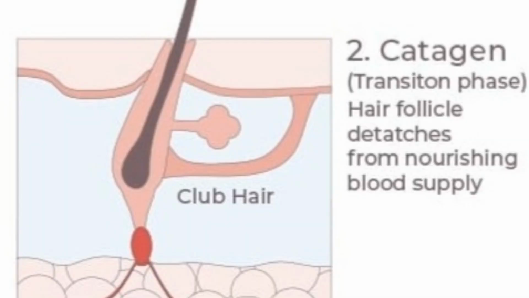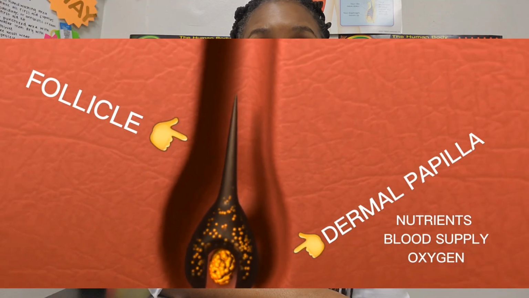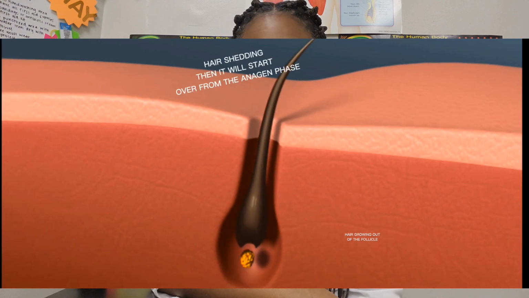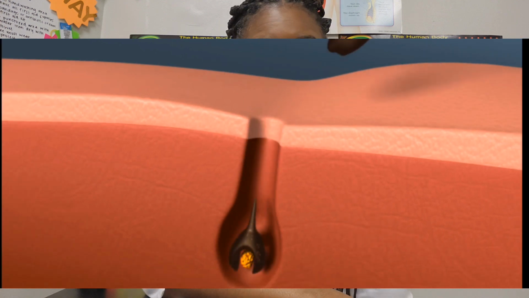The next phase of hair growth is the catagen phase. Now this phase is the transition phase. And in this phase, the hair actually stops growing and becomes detached from the base of the hair follicle. The transition phase lasts for about 2 to 3 weeks.